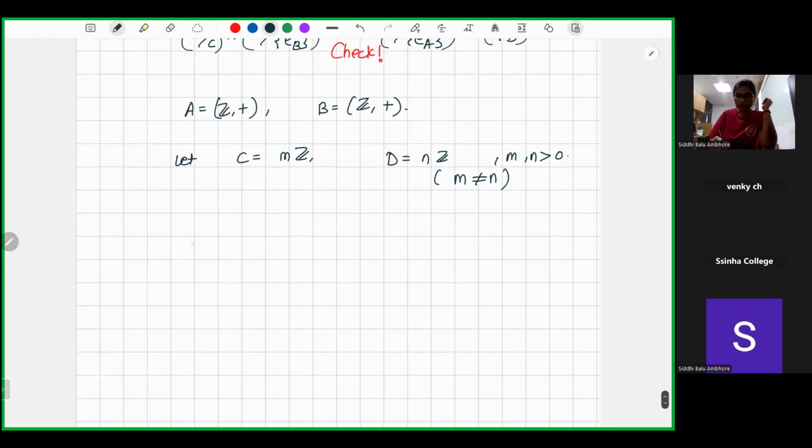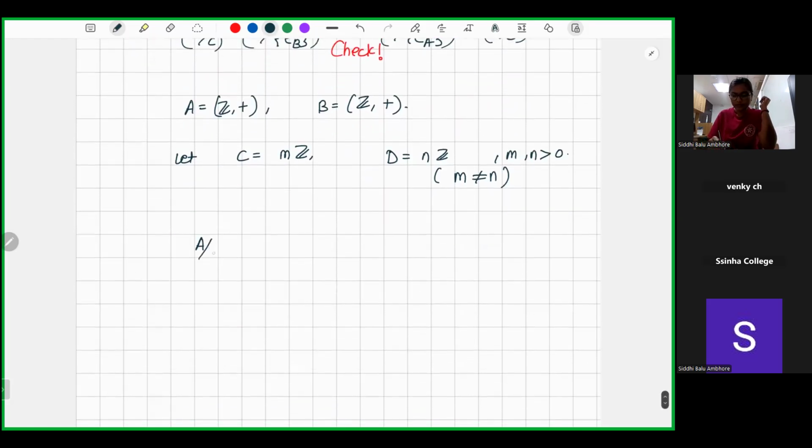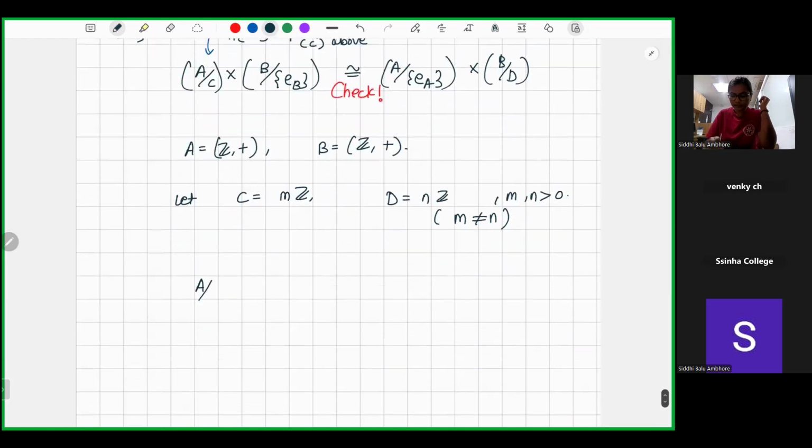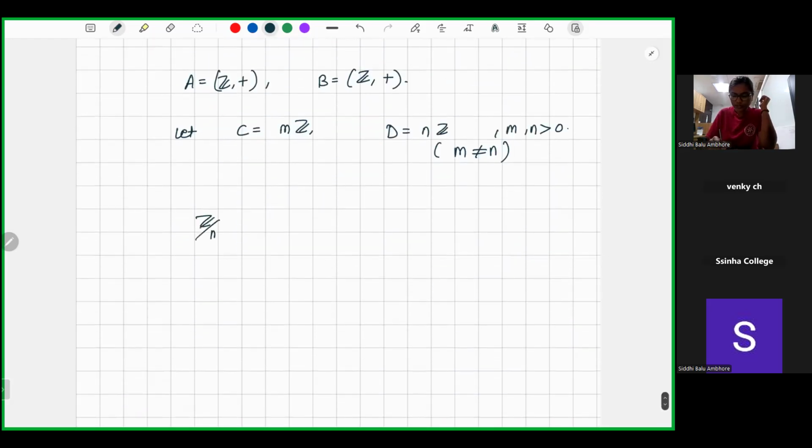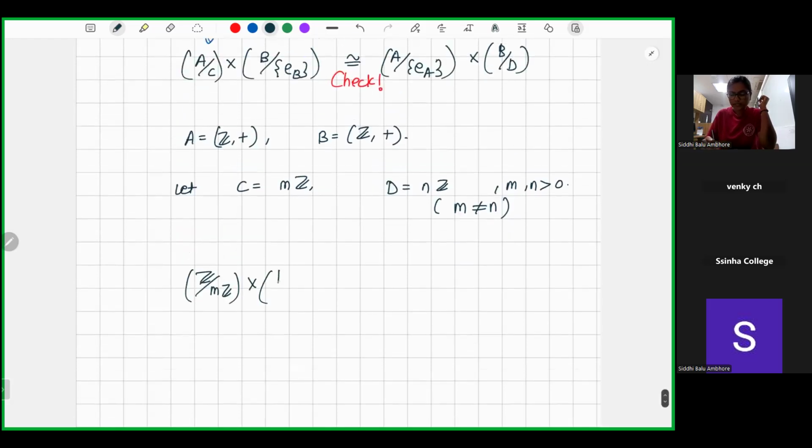Then what will this be? A quotiented by C is Z quotiented by MZ, cross, sorry, not tensor, cross this Z. What is EB? EB is just 0 here, right? This is isomorphic to Z quotiented by 0, cross this.